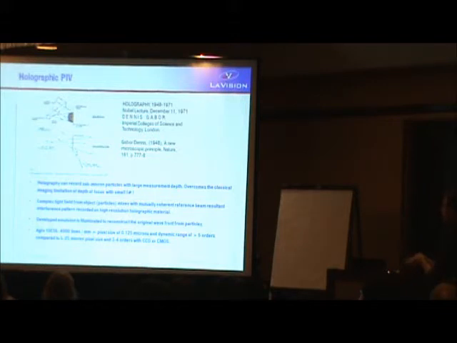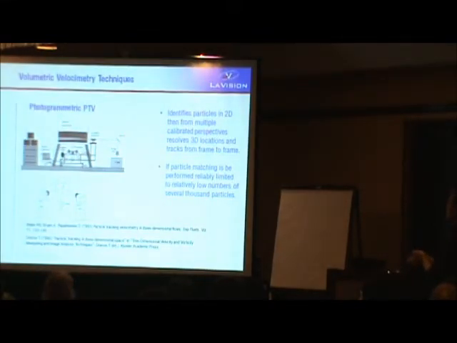The key thing about holography is that it can record submicron particles with a very large measurement depth. One of the things about this photogrammetric technique here is that in order to see through the whole volume, you have to use a smaller aperture to increase the depth of field. That smaller aperture reduces the resolution of the system.